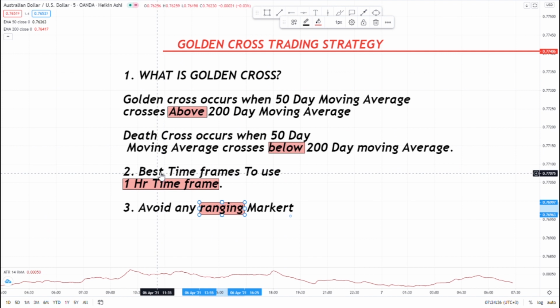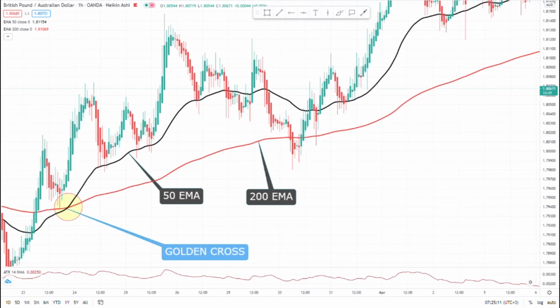So guys, let me show you the golden cross from the real charts. So the first one, I will give you the golden cross chart. The golden cross, as I have said, occurs when the 50, this is our 50, in this case I'm using the 50 exponential moving average.